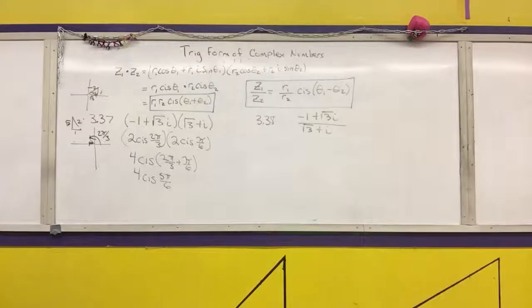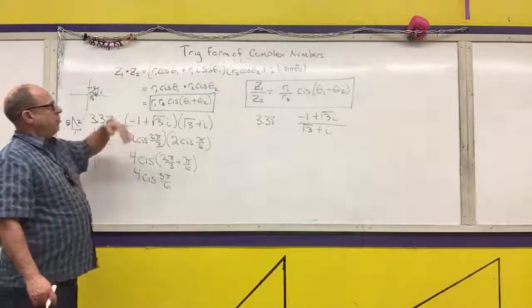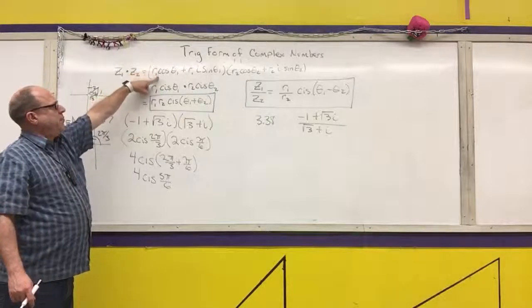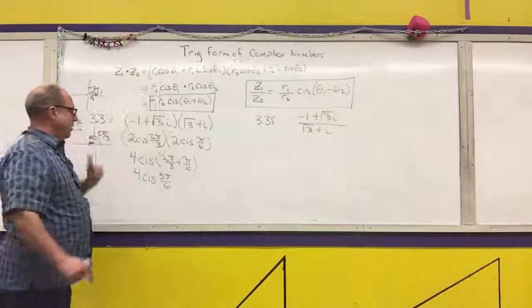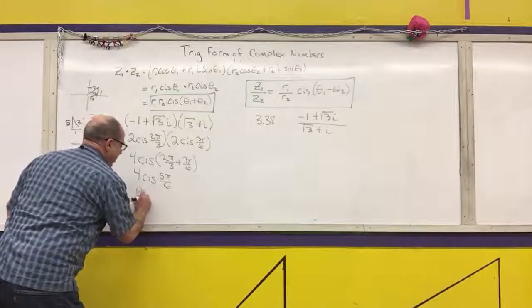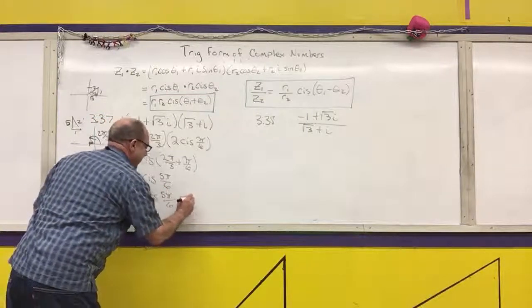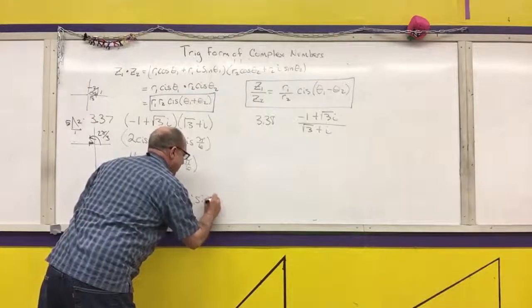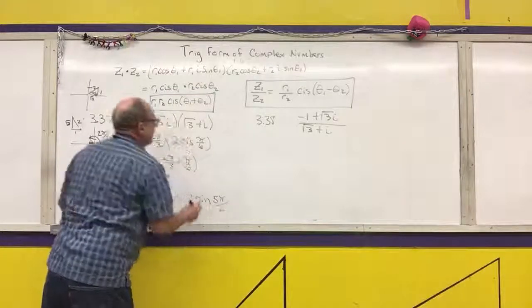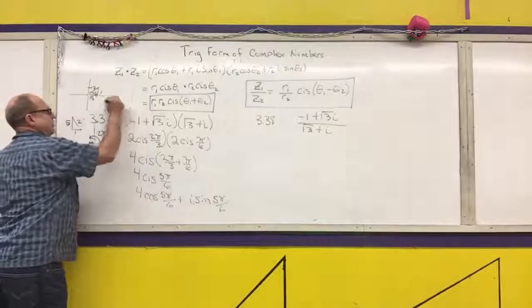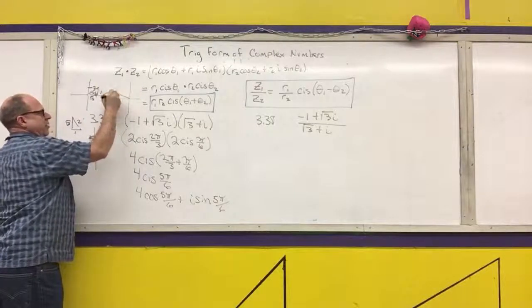Okay, and let's say you wanted to turn this back into our regular a plus bi form. Just use that formula. So I have 4 cosine of 5 pi 6 plus i sine of 5 pi 6. 5 pi 6 is the quadrant 2 angle that's right here.